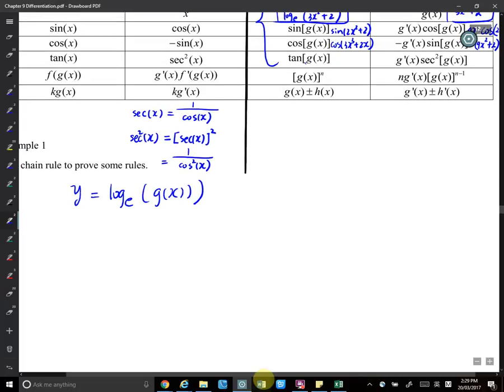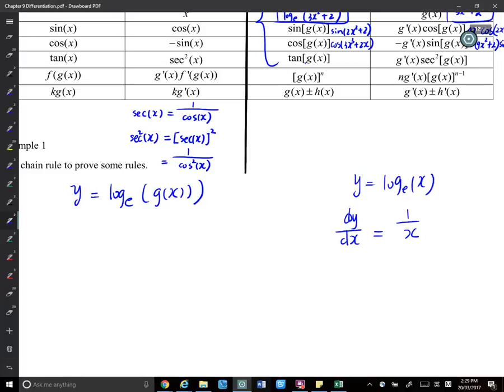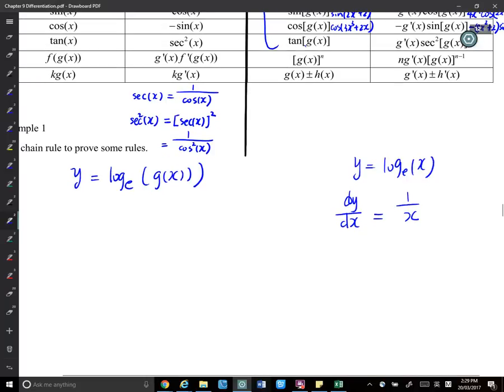What we know is, if y equals log e x, then dy/dx equals 1 on x. That's the simplest version we have. If you have log e x, the derivative will be 1 on x. That's what we know.